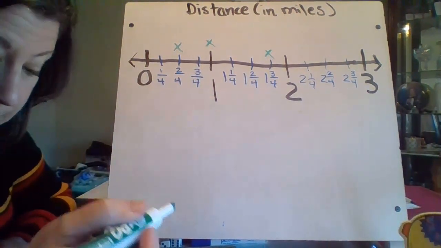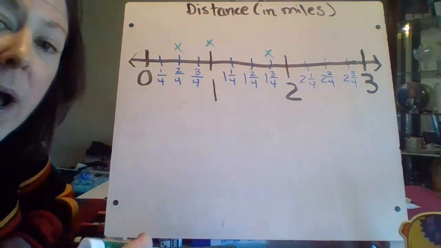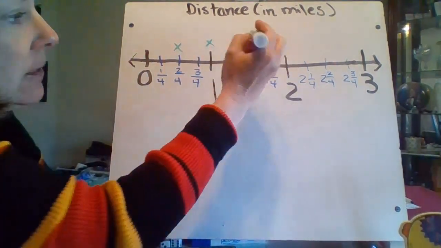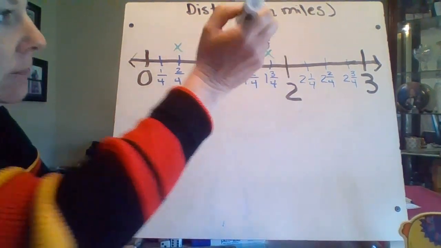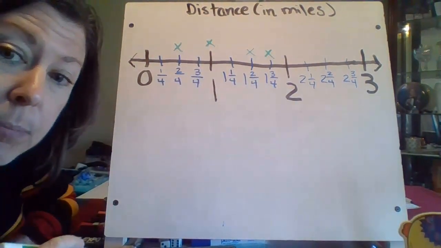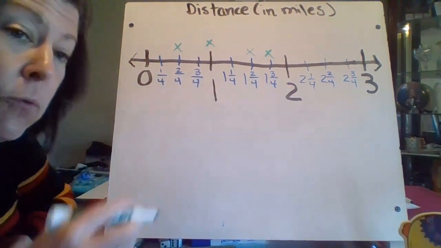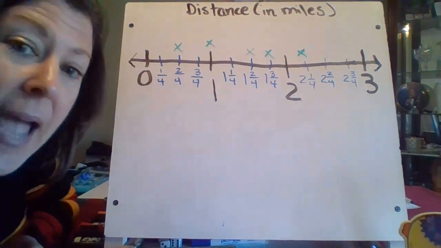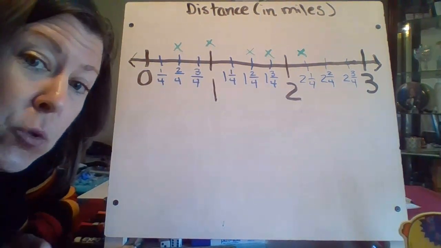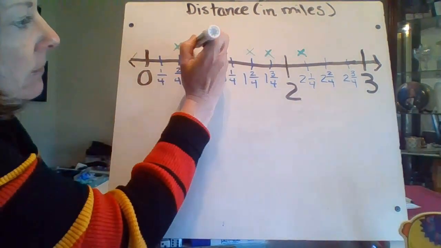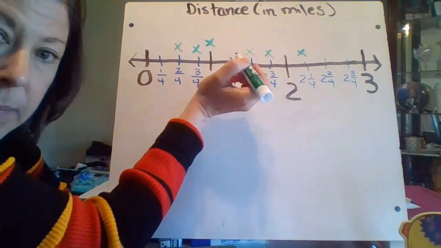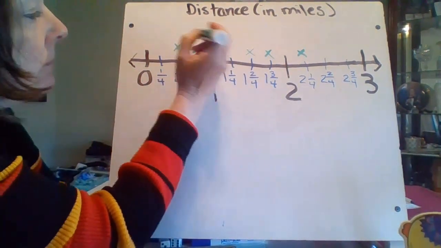Person D, 1 1/2, which is equal to 1 2/4. Person E, 2 1/4. And person F was 3/4. Just going to make my X's a little bit darker.